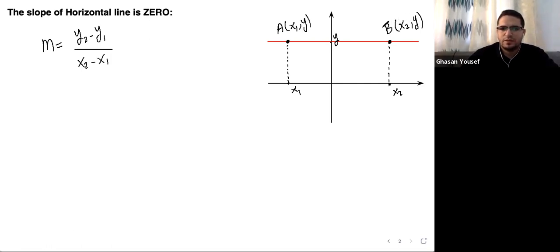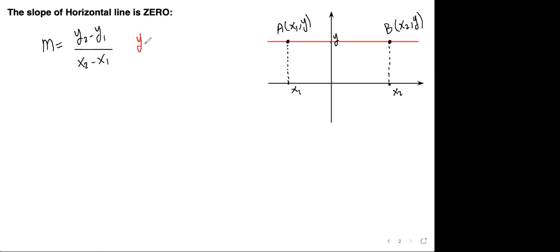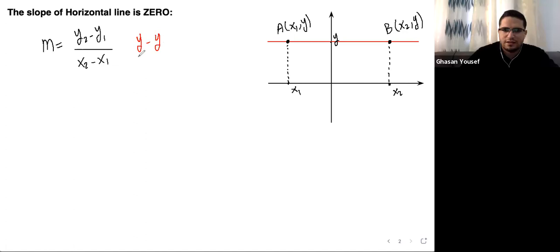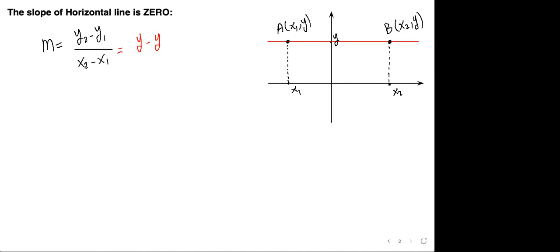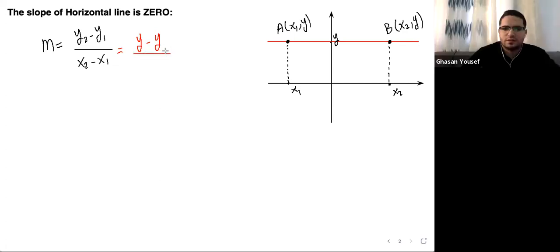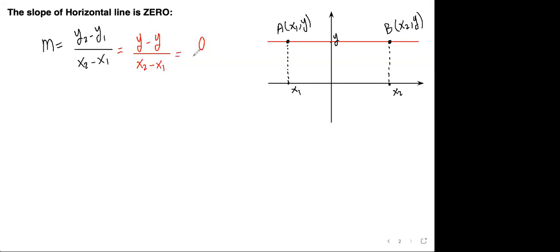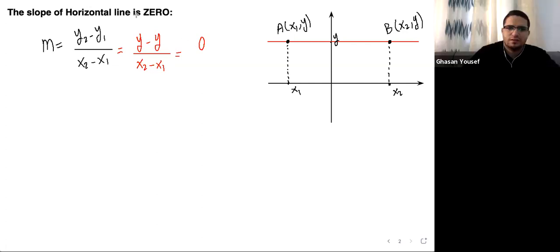It's y, exactly. So here it is y minus y, because of the same value, over x2 minus x1. Now, y minus y is 0. So 0 over x2 minus x1, and the value is 0.